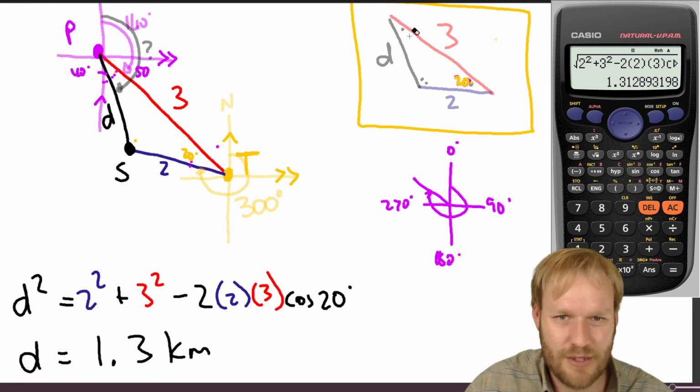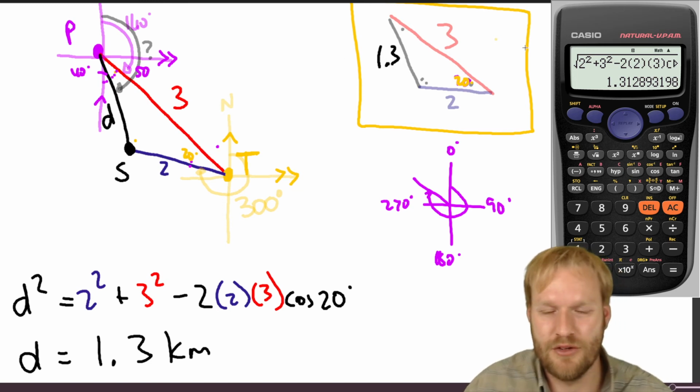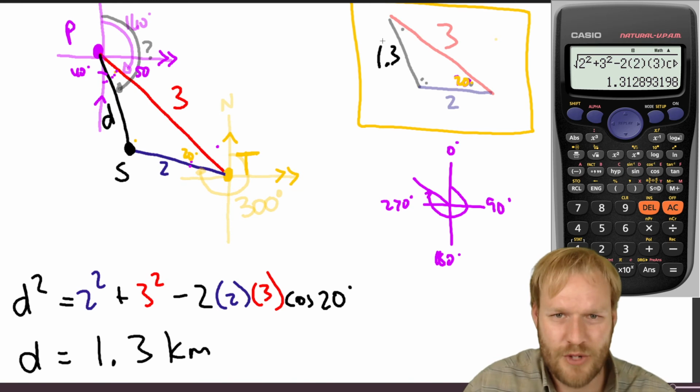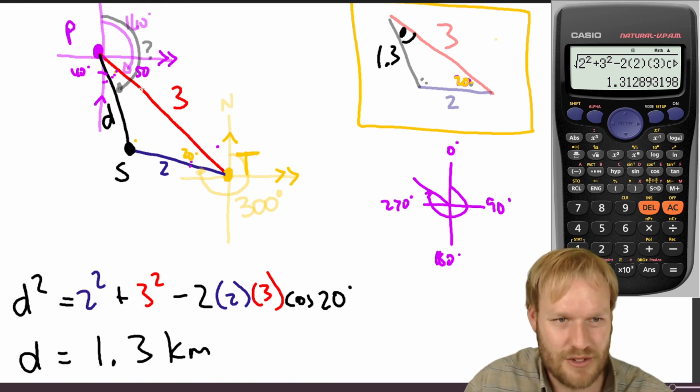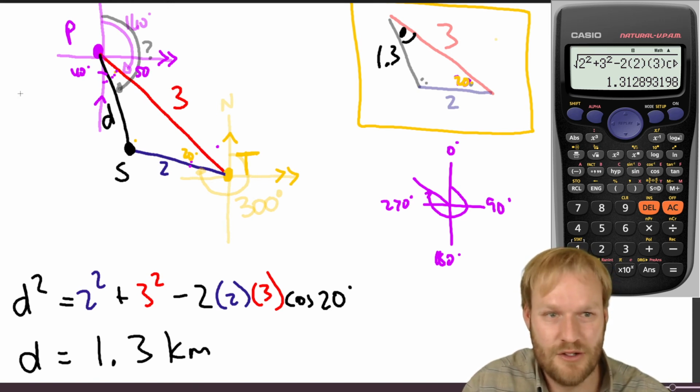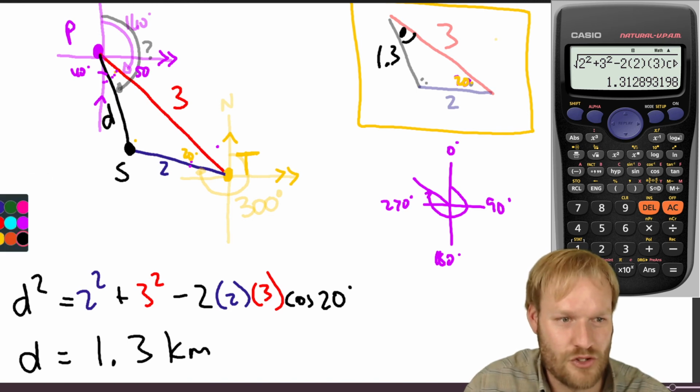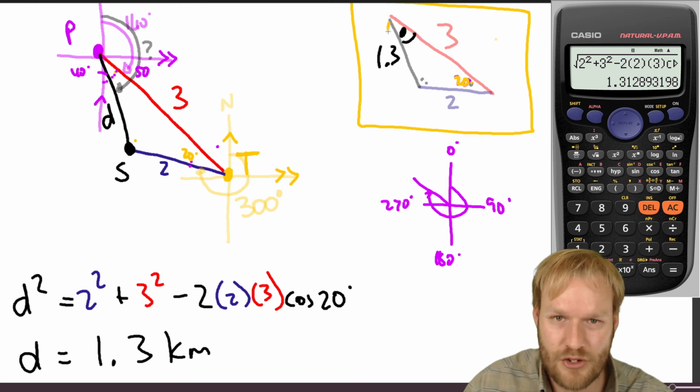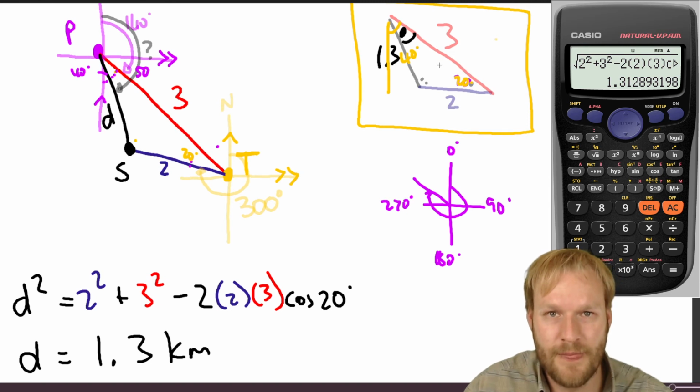So if d is 1.3, let's add that into our diagram, 1.3. We definitely need to work out what this angle here on top is to help us work out this bearing. So what we know so far is that whole angle is 40 degrees. So if we drew a line, let's see what's going to make sense here. If we drew a line like that, this whole angle here is 40 degrees.